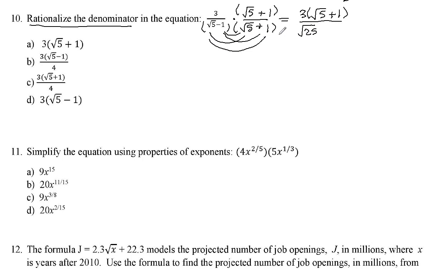And then last terms, negative 1 times 1, minus 1. So that's actually 3 times root 5 plus 1. And then square root of 25 is 5 minus 1. 5 minus 1 is 4. So 3 times root 5 plus 1 over 4, and that is choice C.